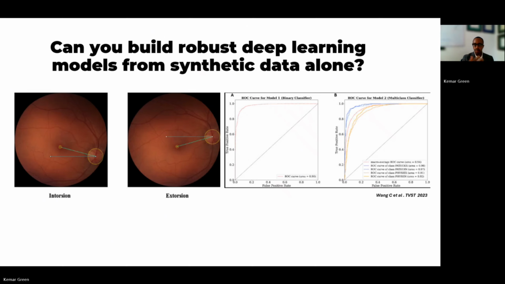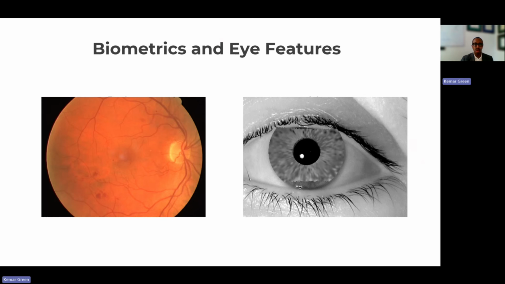And from this, we had a very good AUC, 0.98, and it also generalizes very well on real patient data. So we were able to tell from that experiment that we can diagnose disease or detect clinical abnormalities from models built from synthetic data without any patient data.